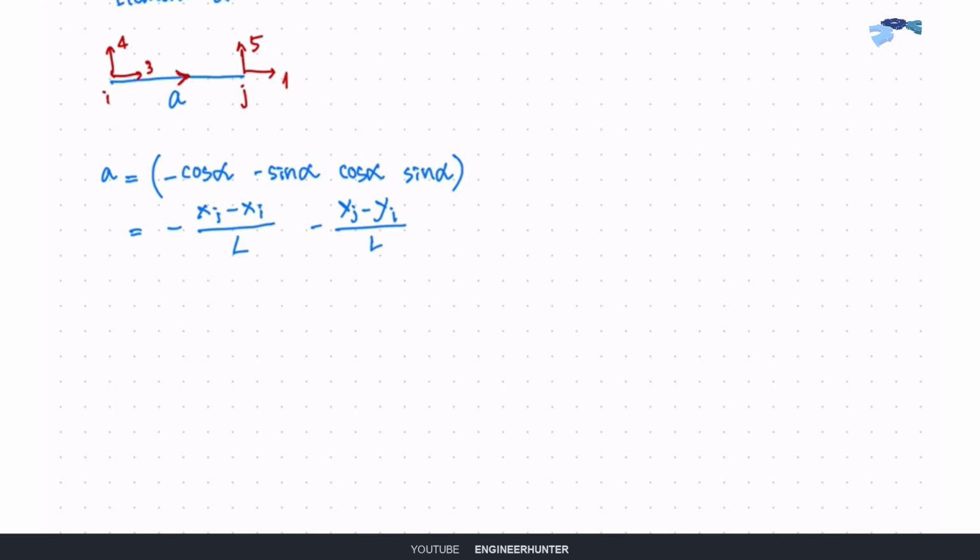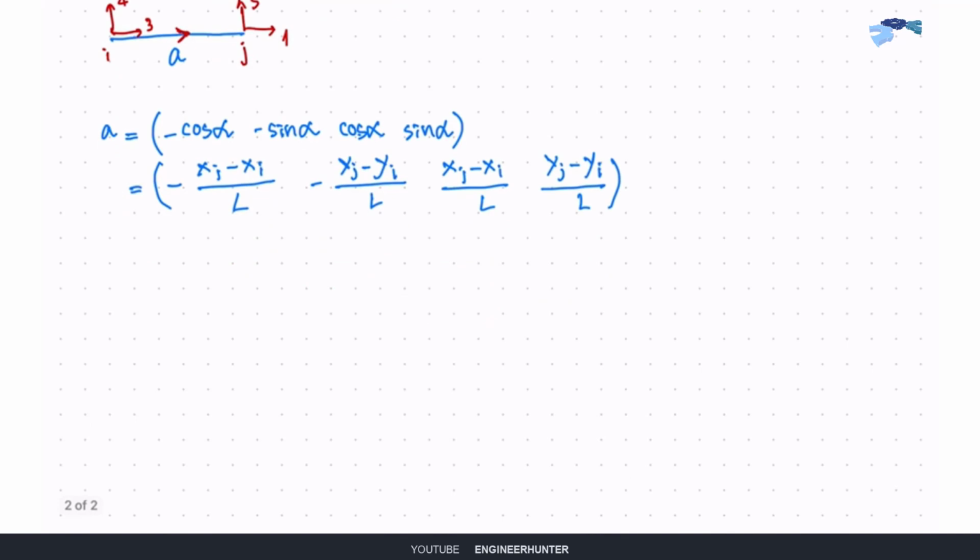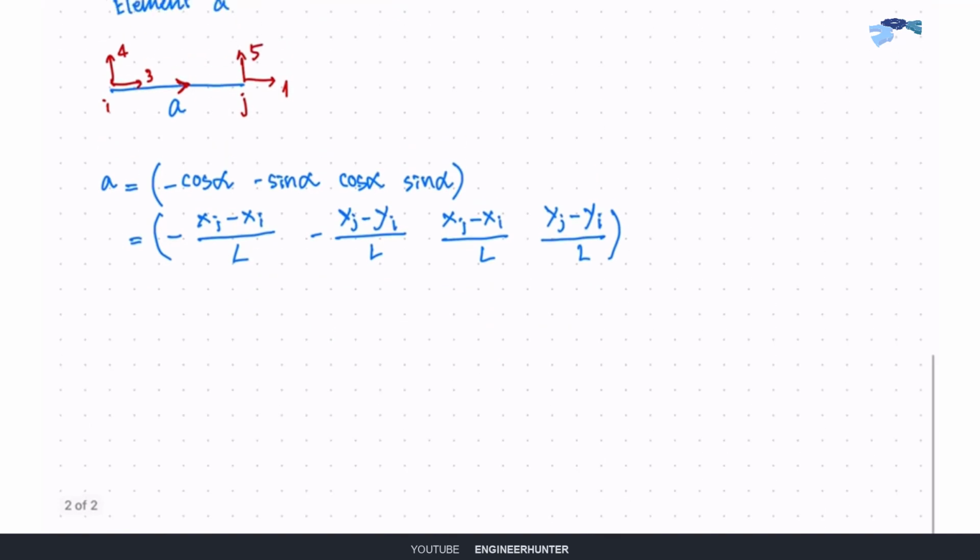and it's the same for these two, they just have different sign. So you can find this value.